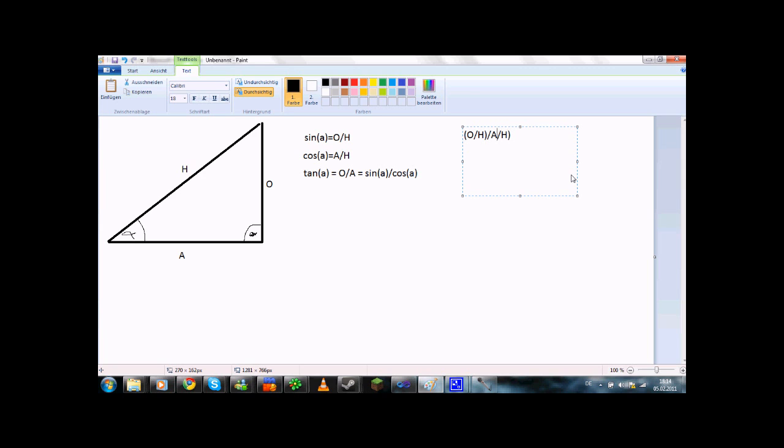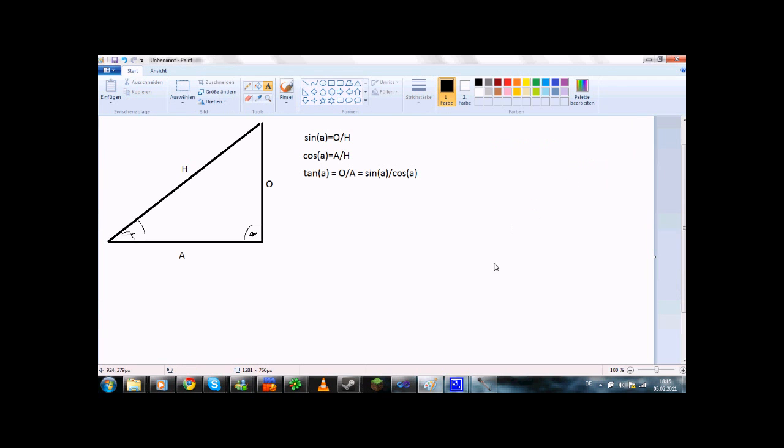And as you know, you divide by a fraction by multiplying by the inverse, so this is the same as O divided by h times h divided by A. And so we can just remove the h's, and it will be O divided by A, just as a small explanation.